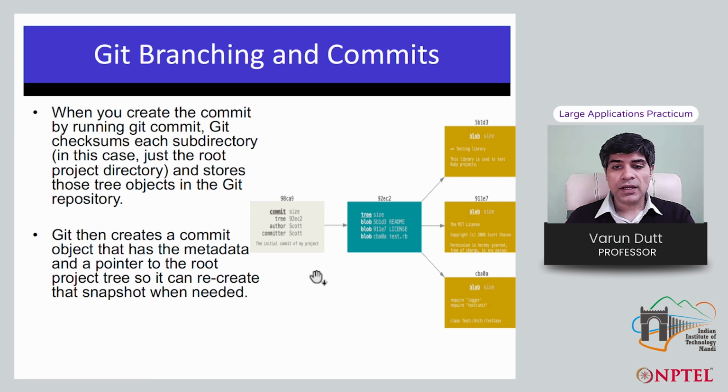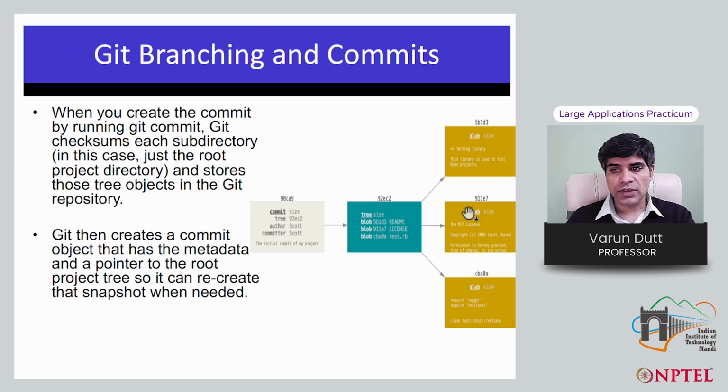Typically, when we make a commit it looks like this, where you have the hash, the hex, and also the commit and its author and others. Within the commit, there is a tree which includes small blobs which are referred to by different files, and each blob refers to a file.